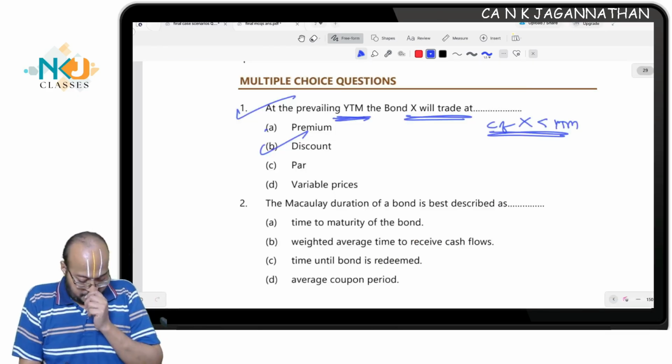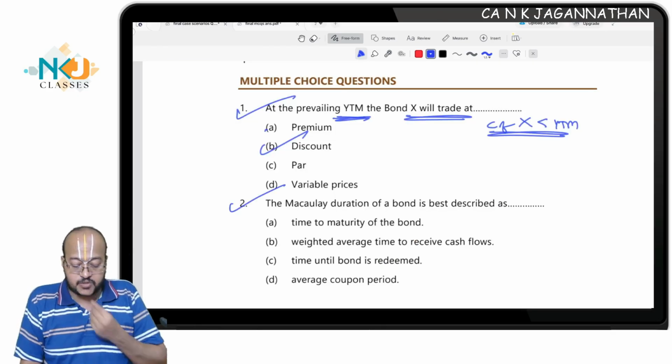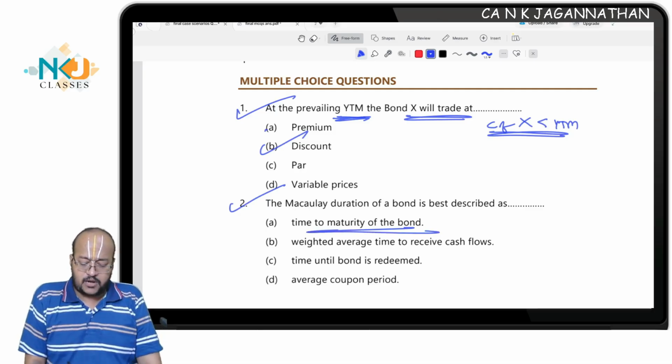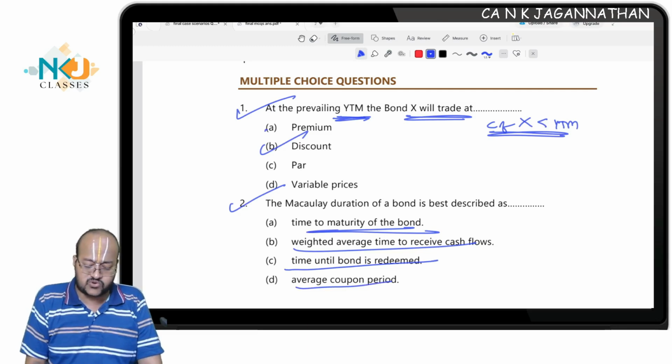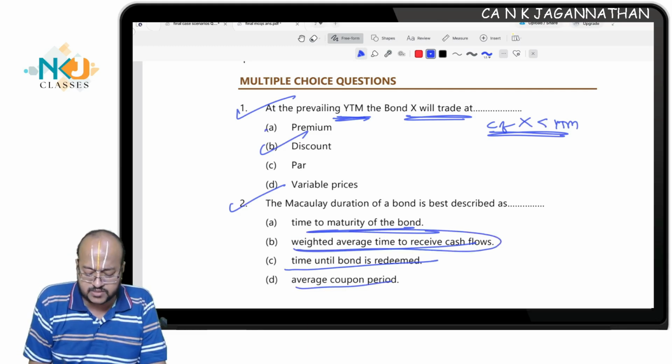Next. The Macaulay duration of a bond is best described as: time to maturity of the bond, weighted average time to receive the cash flows, or time until the bond is redeemed, average coupon price. See, here also there is a small mistake: you should not generally say weighted average time to receive the cash flows.